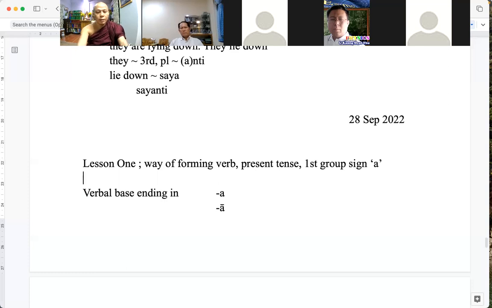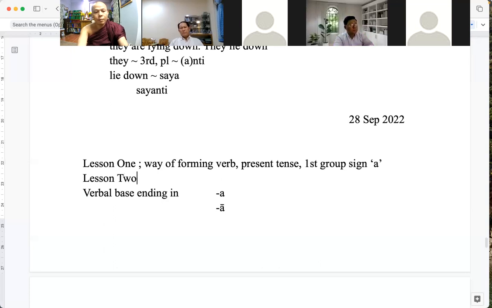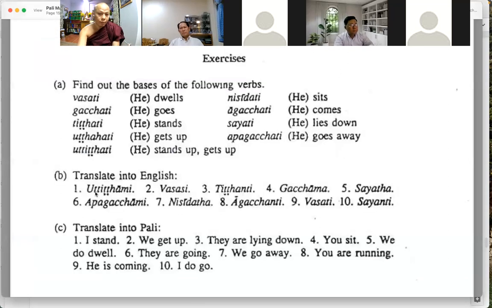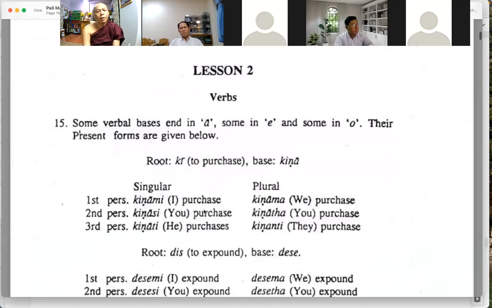So now in lesson 2, in Pali Easy: some vowel bases end in R, some in A, and some in O. Actually, that one continues from lesson 1.